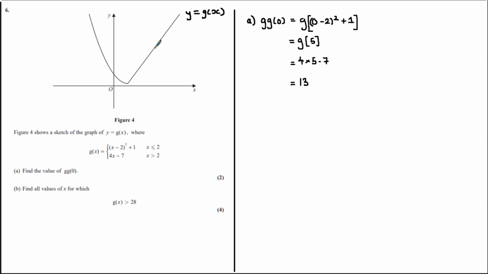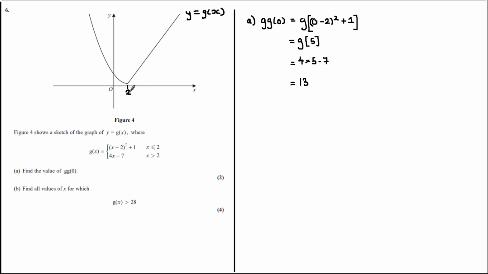Now earlier on I mentioned that this point here is clearly going to be the point 2. Why? Well, it's quite clearly the point where the piecewise function changes from a quadratic curve to a straight line, and can be confirmed by looking at the domain.